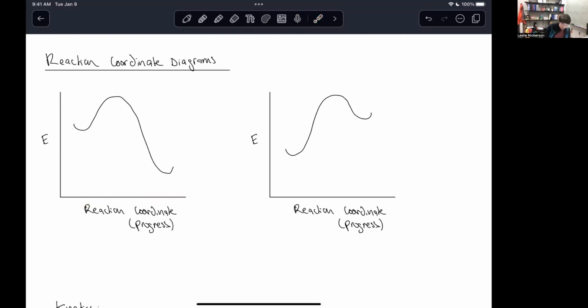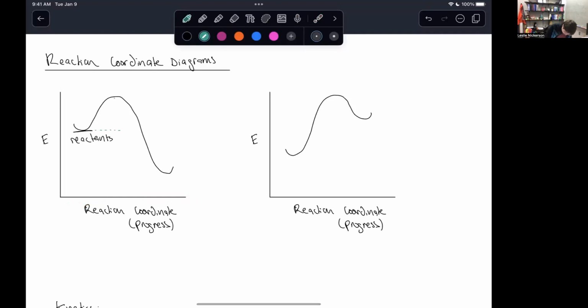On the left-hand side here, this little dip is our reactants. So we're seeing our reactants start off at this particular energy level, and then we're seeing them go up, and then we're getting up to our transition state.